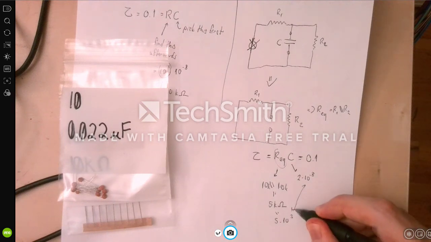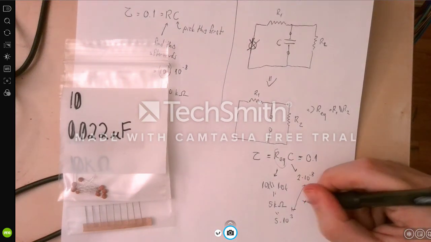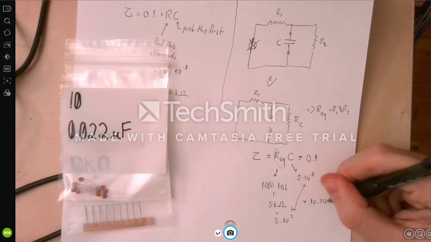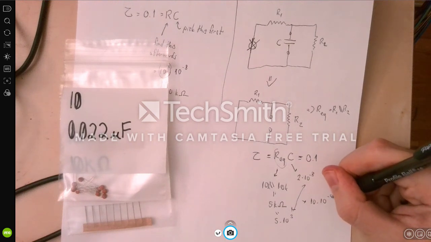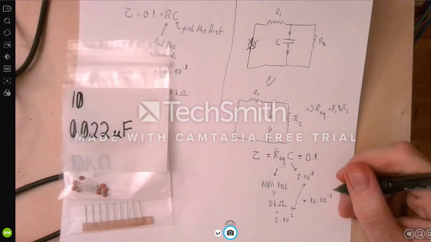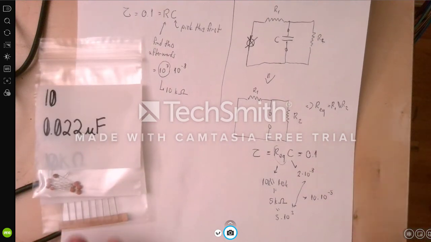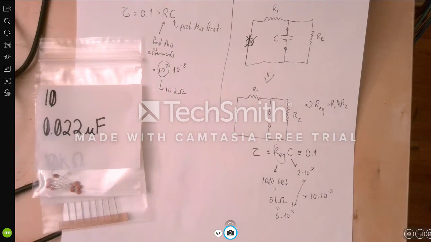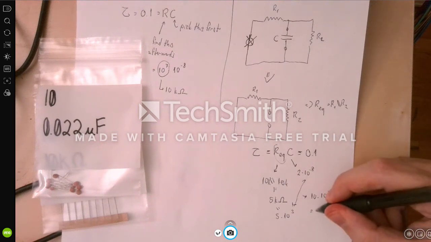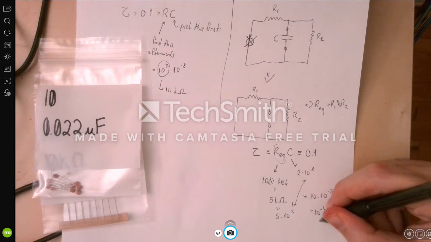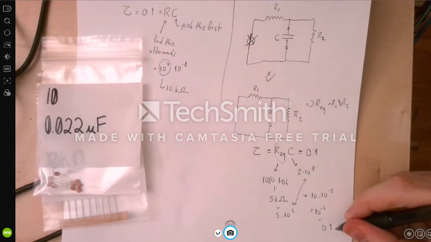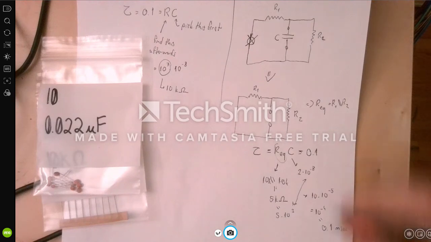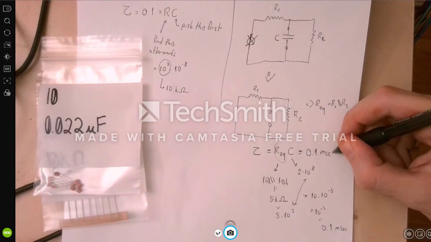So when we multiply these two values, we get 10 times 10 to the minus 5, which is 10 to the minus 4, which is equal to 0.1 milliseconds. I forgot to write milliseconds here.